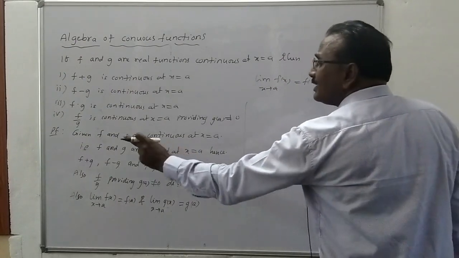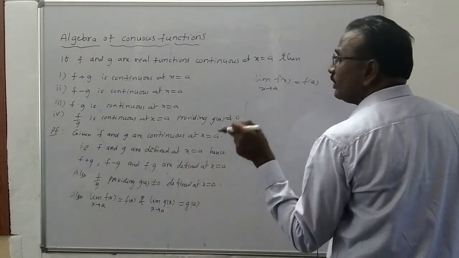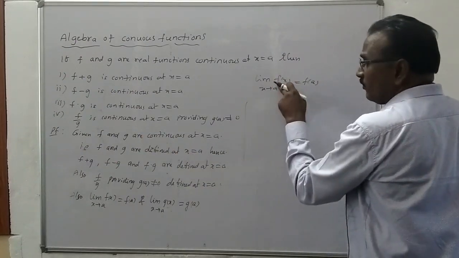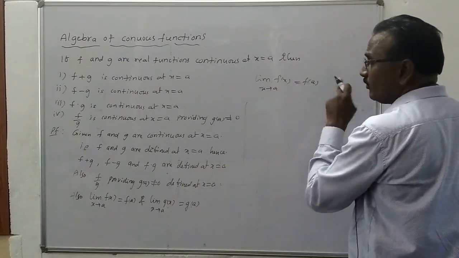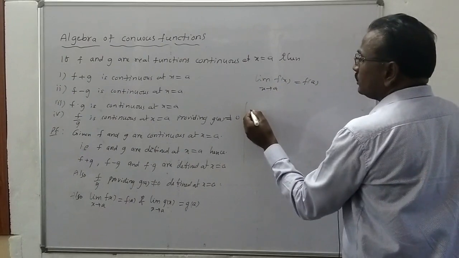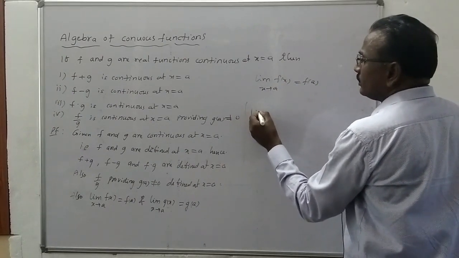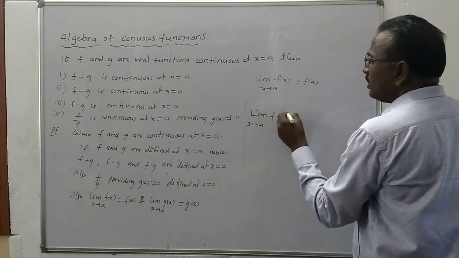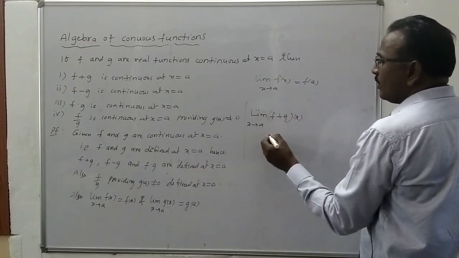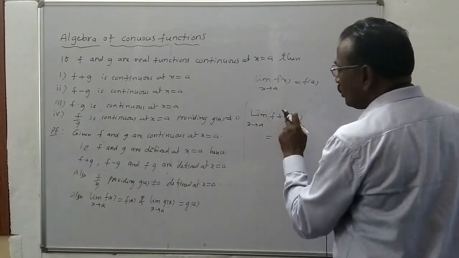So here f plus g is defined at x is equal to a. We have to prove limit f plus g of x as x tends to a is equal to f plus g of a. So we need to prove. So now consider limit as x tends to a, f plus g of x.